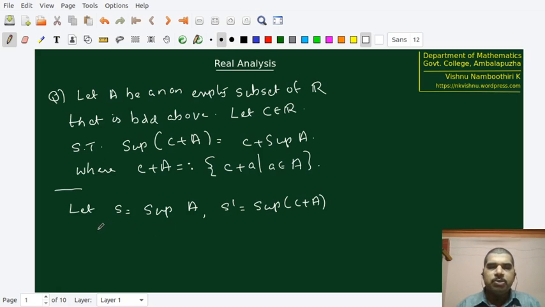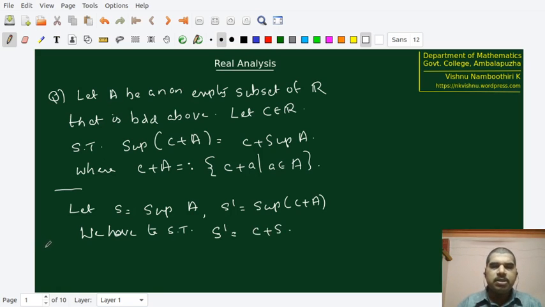What we are supposed to show is that C plus supremum of A is equal to supremum of C plus A. That means we have to show that S prime is equal to C plus S. This is precisely what we have to show.